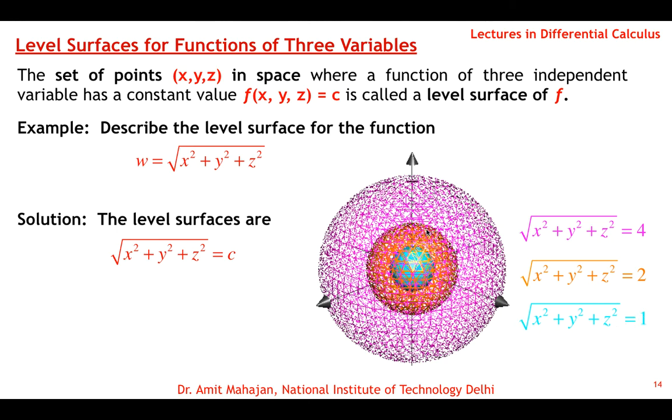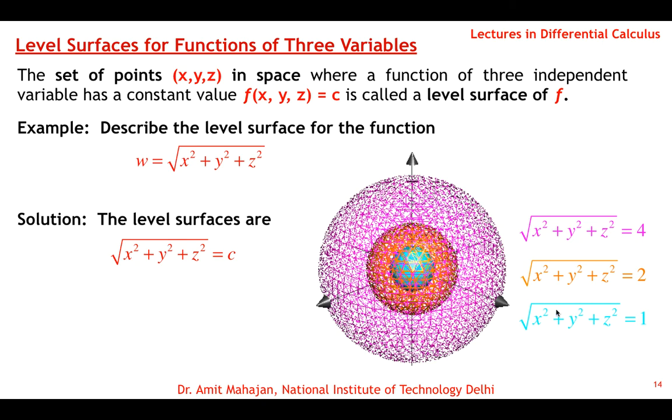By level surface we mean that if we move anywhere on, say, this outer sphere, the value of the function will not change, because a level surface is a surface on which the value of the function does not change. Similarly, on the inner sphere, if I move from any point to any other point on this sphere, the value of the function will not change.